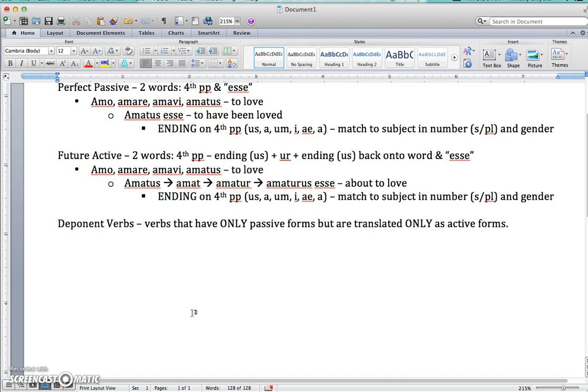Okay, so they look passive, but they're translated actively. So because of that, we only have the ones with passive forms on them, sort of. Oh, there's one exception. Okay, never mind. Don't pay attention to that rule.